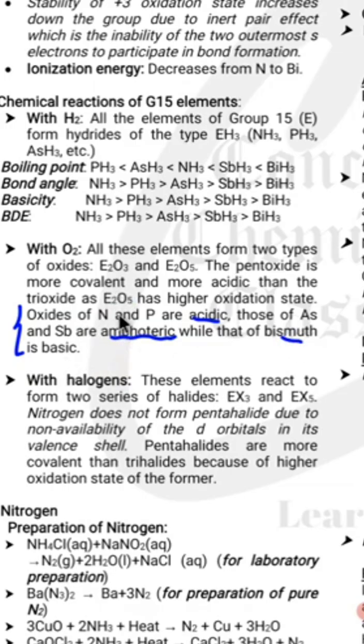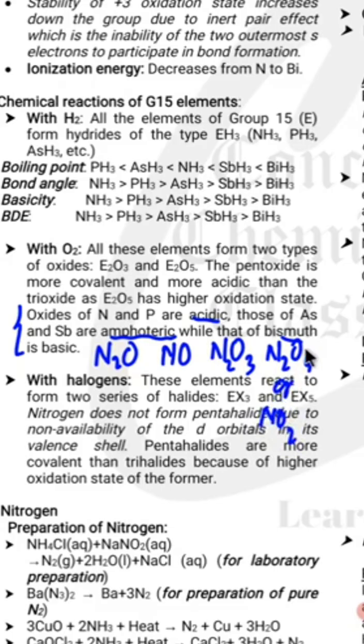In oxides of nitrogen, let me mention one important point. N2O is nitrous oxide, NO is nitric oxide, then N2O3, then N2O4, or you can just write NO2. These two are the same; this is the dimer of NO2, and lastly N2O5.